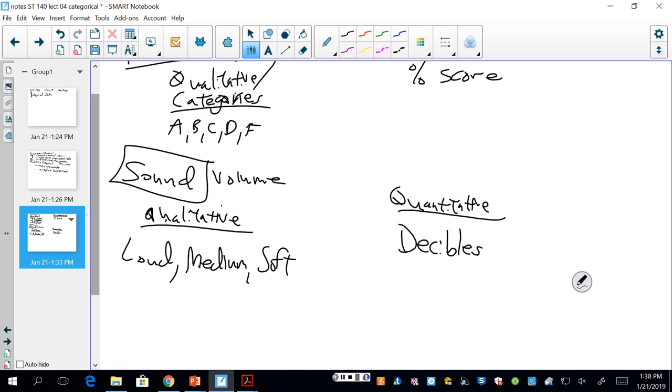So there could be a correspondence where there are cutoffs, or it could be just the categories. Loud isn't going to be loud all the same all the time. So you wouldn't want to give this a 3-2-1 score and take an average. It would be better to say what percent of the time is it loud, what percent of the time is it medium, and like that.